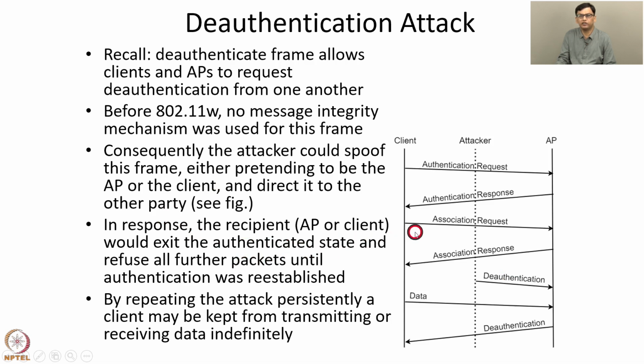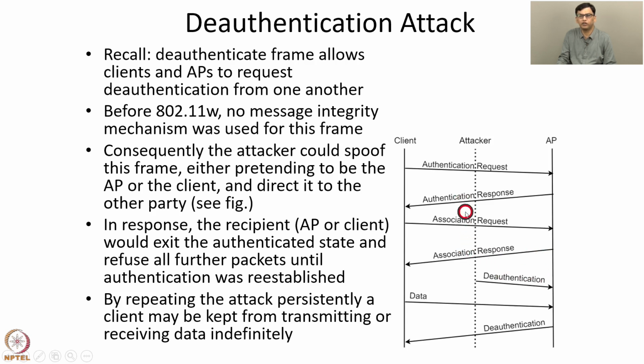So the client is initially authenticated and then associated, and then it sends some data to the access point. But then the attacker sends deauthentication to the access point, and this deauthenticates the client. Suppose the client again performs these processes and authenticates itself and associates with the access point. Then again the attacker may send the deauthentication frame to the access point, and again the client will get deauthenticated.